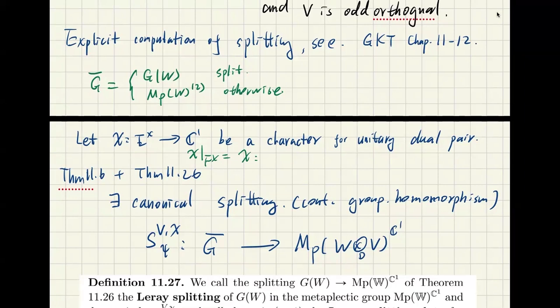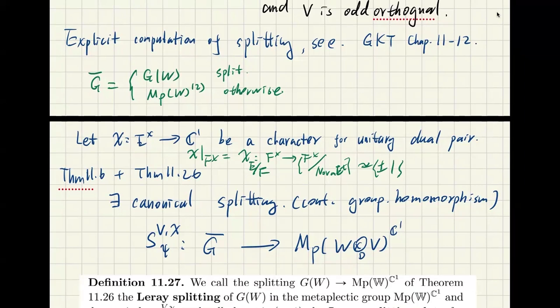Okay, so this is a unique quadratic character from F cross to plus minus 1. So there's a quadratic character with respect to the quadratic extension E over F. Then you require that this chi restricted on F cross is this quadratic character.